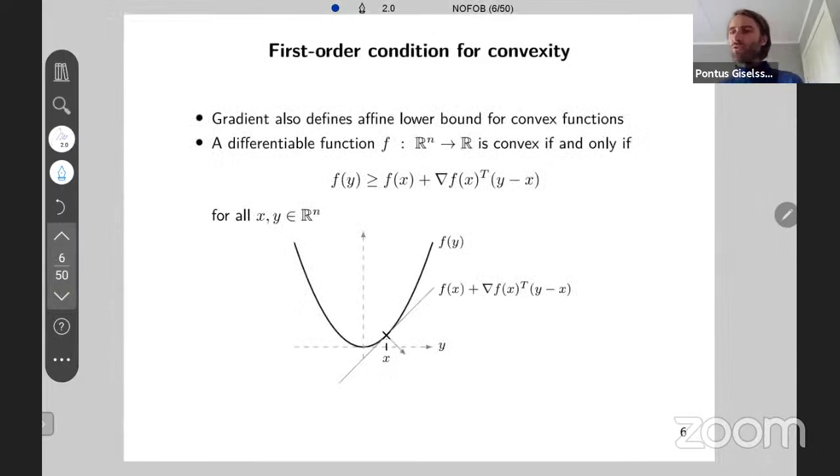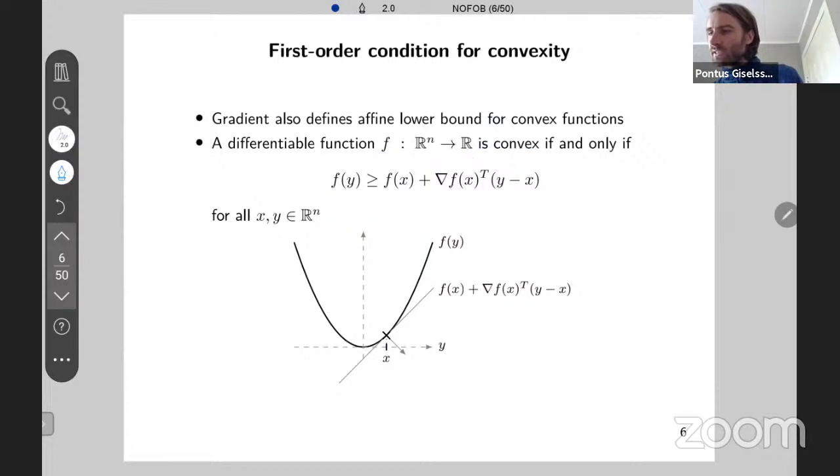And this follows quite easily from the first order condition for convexity that maybe some of you have seen. You can also see in Stephen Boyd's book that a differentiable function f is convex if and only if this thing holds for all choices of x and y. One way to interpret this is to assume that we fix an x. So here we have fixed the x at this point.